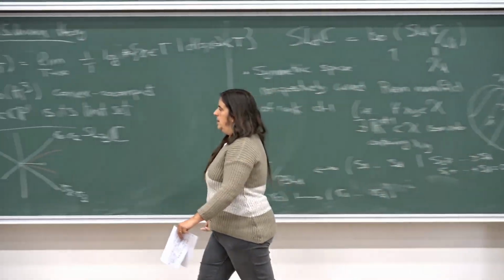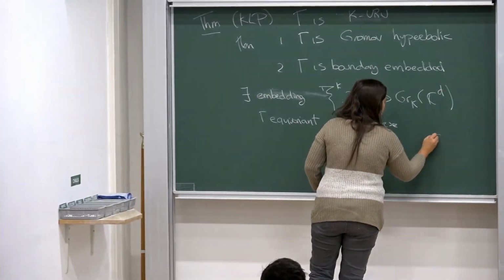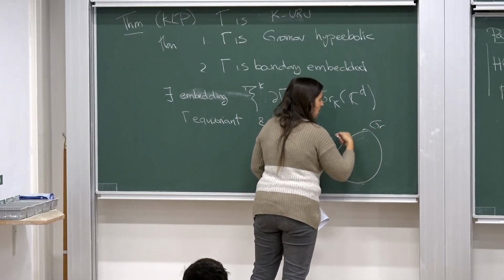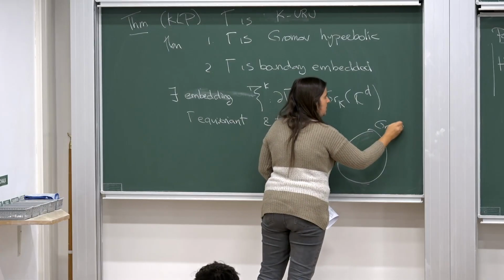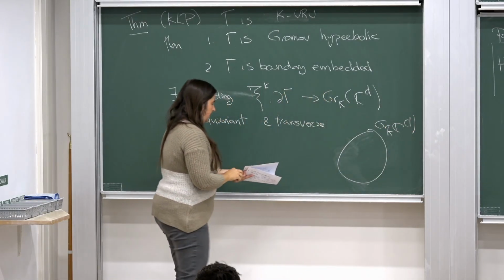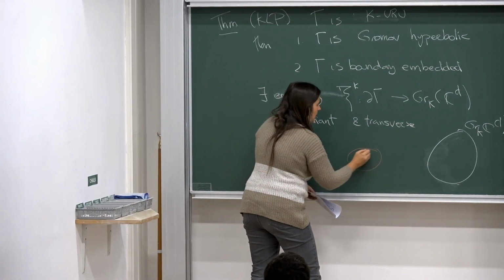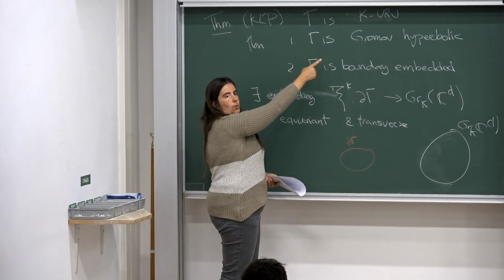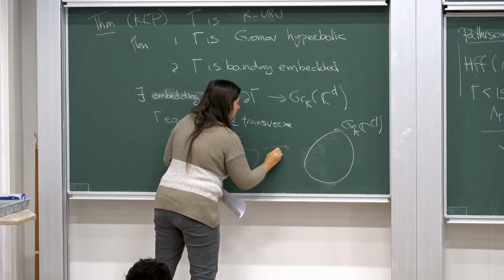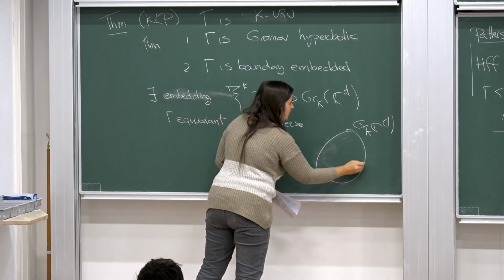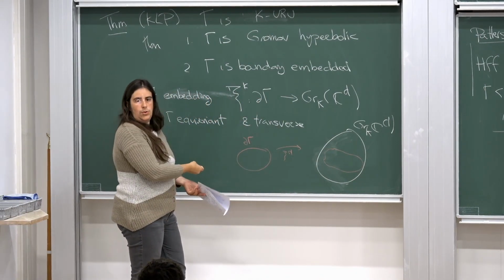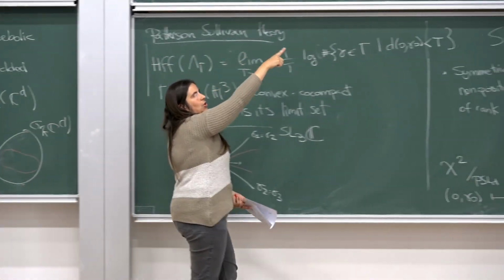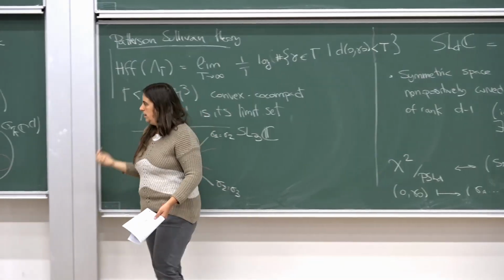And so what I'm saying here is that if now my balloon here is the Grassmannian, a compact space, the Grassmannian of k-dimensional subspaces of C^d, I have the boundary map, which is going to map the abstract boundary of gamma, as a Gromov hyperbolic group, as some subset that's homeomorphic to the boundary of gamma inside this Grassmannian. So this is playing the role of my red picture in CP1 in the rank 1 case.